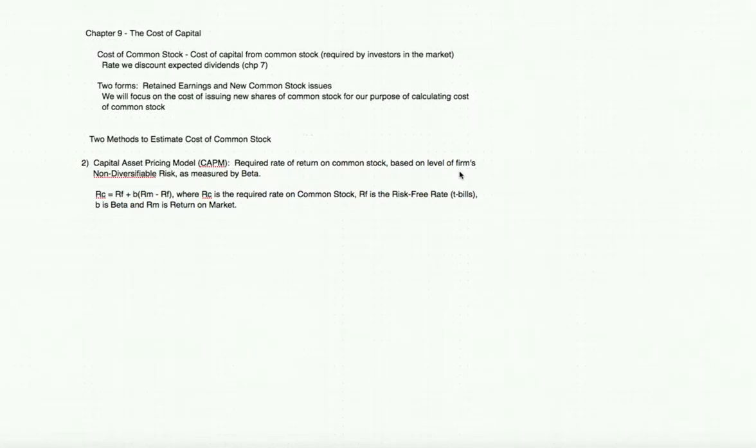However, the constant growth model can account for flotation costs by simply adjusting the price variable. And we saw that when we looked at the cost of retained earnings and adjusting that model to reflect the cost of a new stock issue by replacing the price variable with N, which is the expected share price minus flotation costs and underpricing costs.